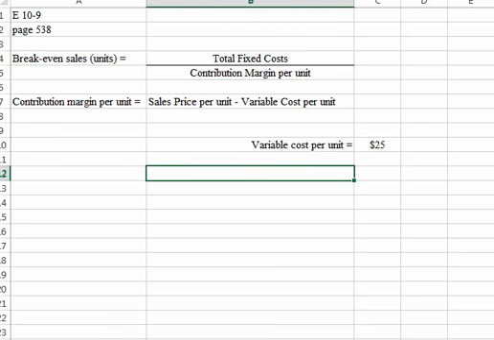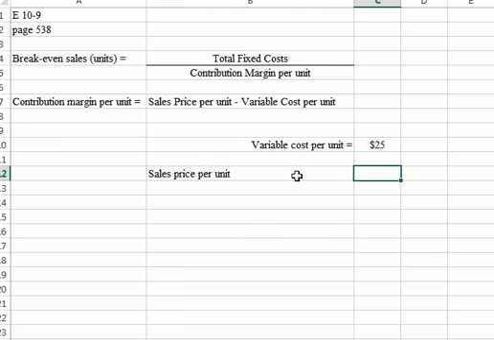Okay, now let's set up something like we had in the previous exercise to calculate our contribution margin per unit. We've got sales price per unit, it was $50.